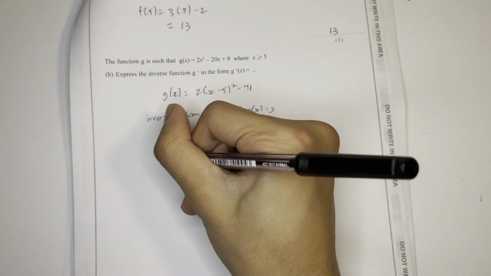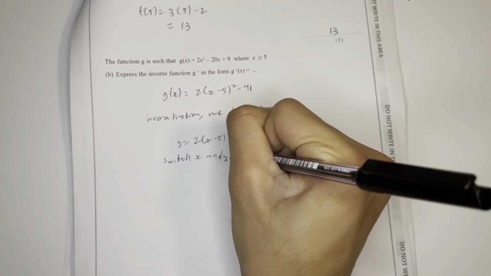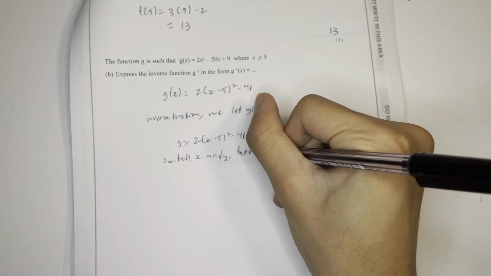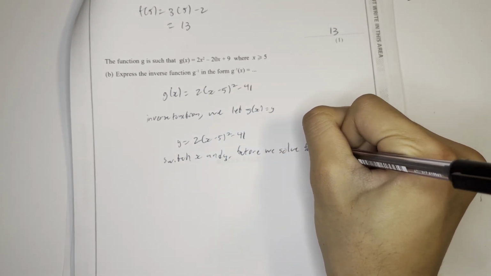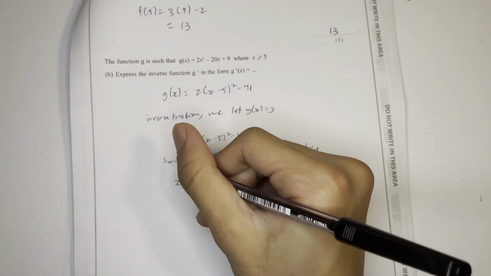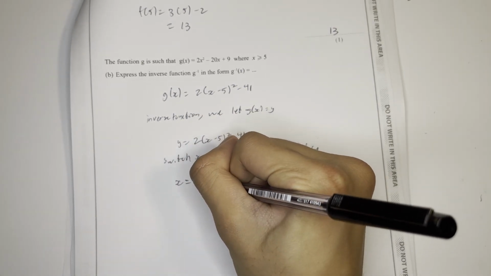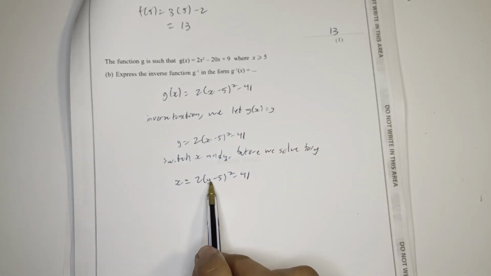And then switch x and y before we solve for y. So we have x is equal to 2 times y minus 5 squared minus 41. And we must solve for y to find the inverse function.